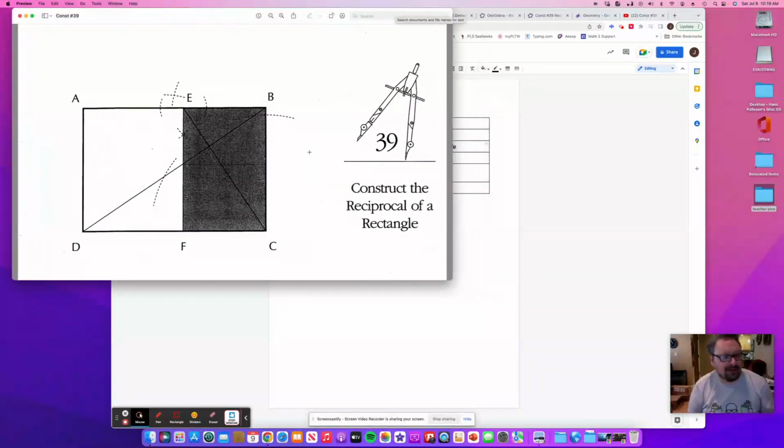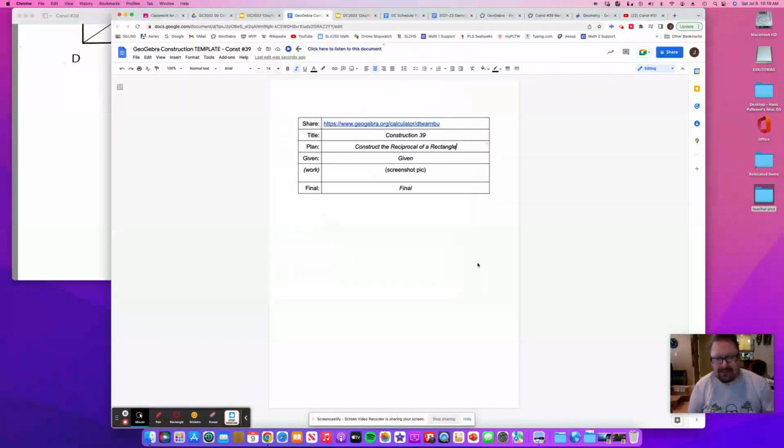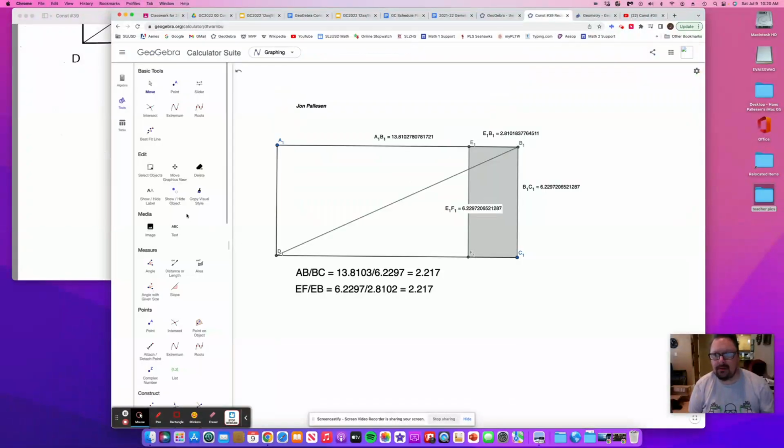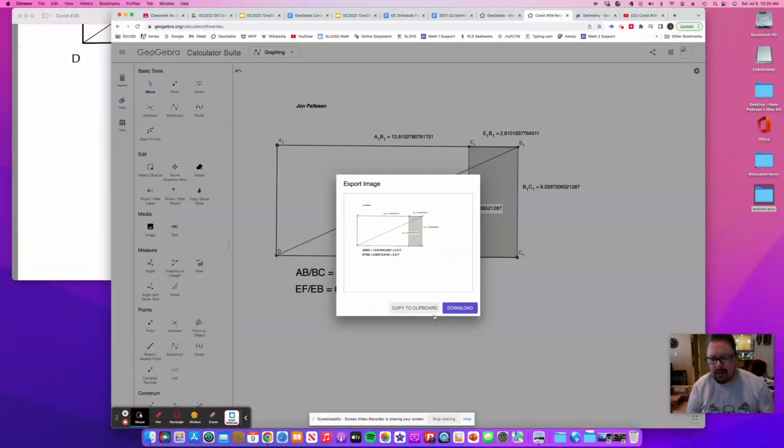And our given is rectangle ABCD. Our screenshot, it's right here.